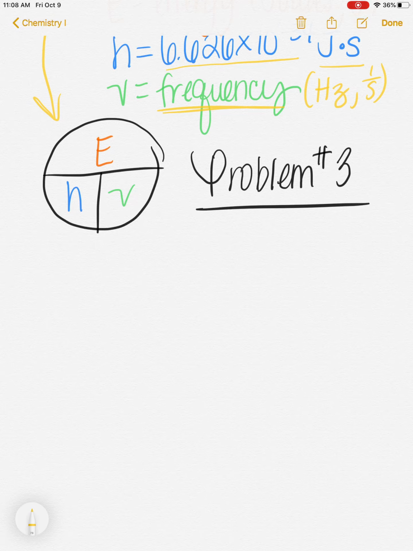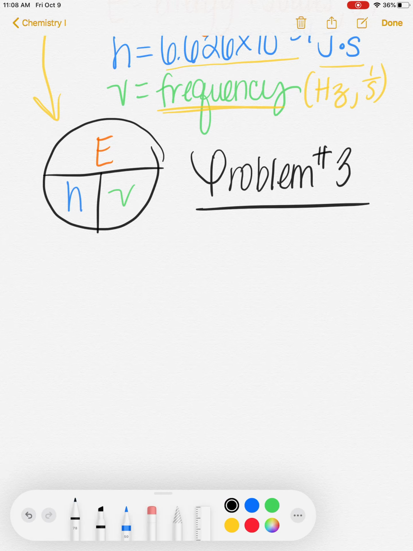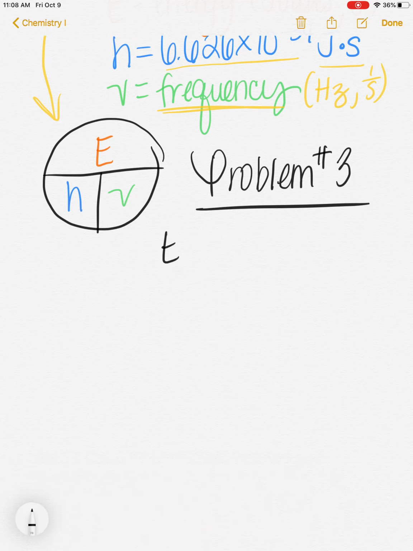And if you continue through your notes, the next problem that you are given is found at the very bottom of page 2. It says, what is the energy of a photon of microwave radiation with a frequency of 3.20 times 10 to the 11th 1/seconds? So we are working with the energy equation this time because they said energy in the problem.